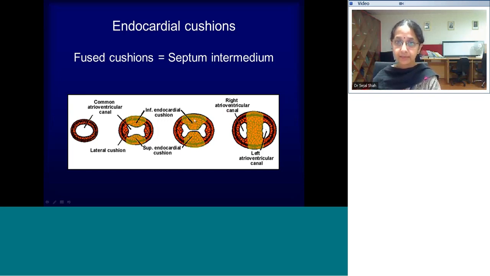These inferior and superior cushions then fuse with each other, forming the septum intermedium and dividing the common atrioventricular canal into right and left components.